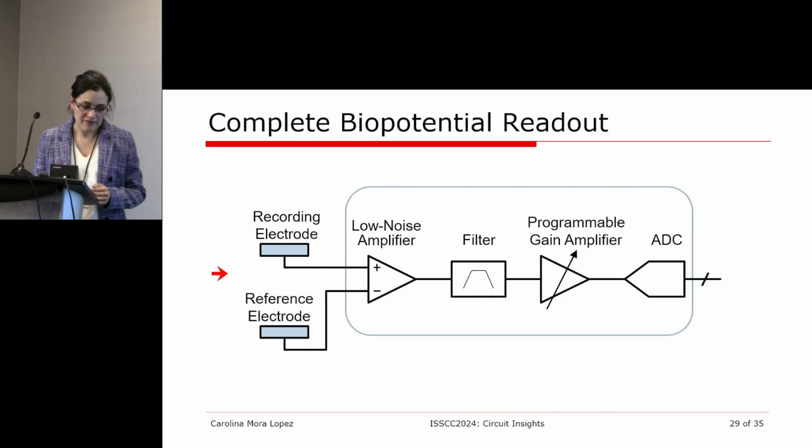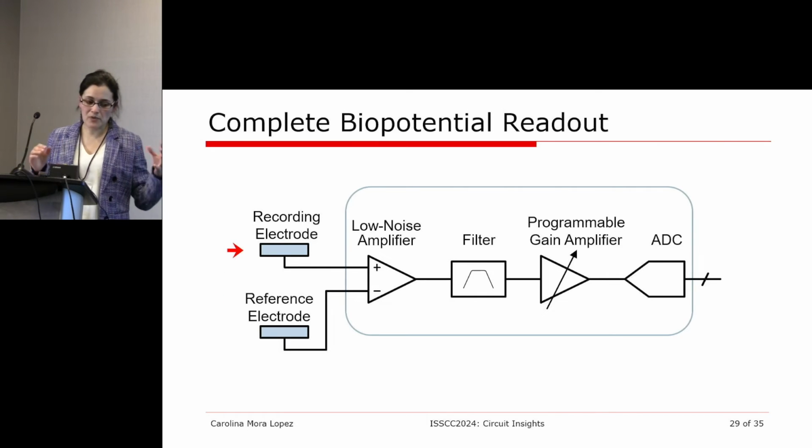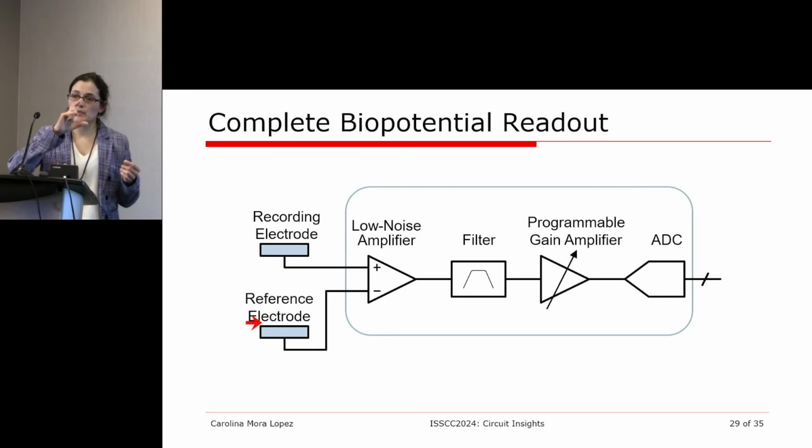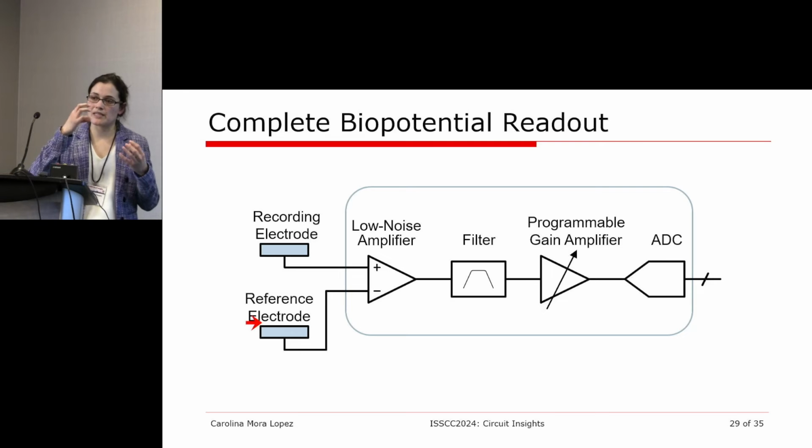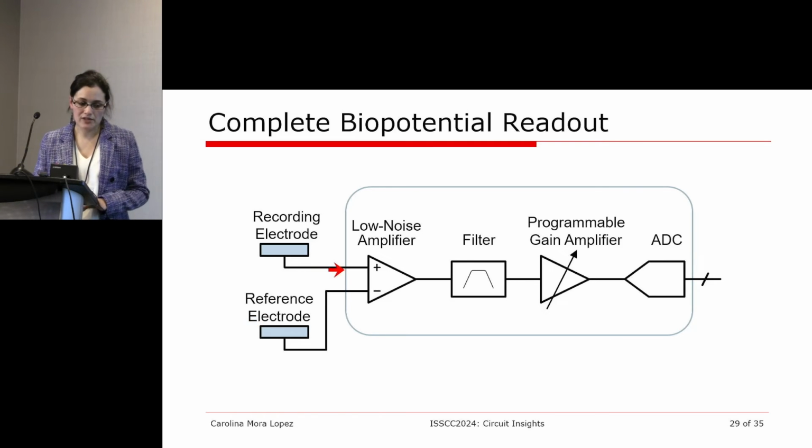So first, you do not always have one electrode, but normally you want to have a differential amplification. So you have a second electrode that is your reference, and you are always going to measure the difference between your reference electrode and this recording electrode. So this difference is amplified by the low noise amplifier. That's the specifications that we discussed before.